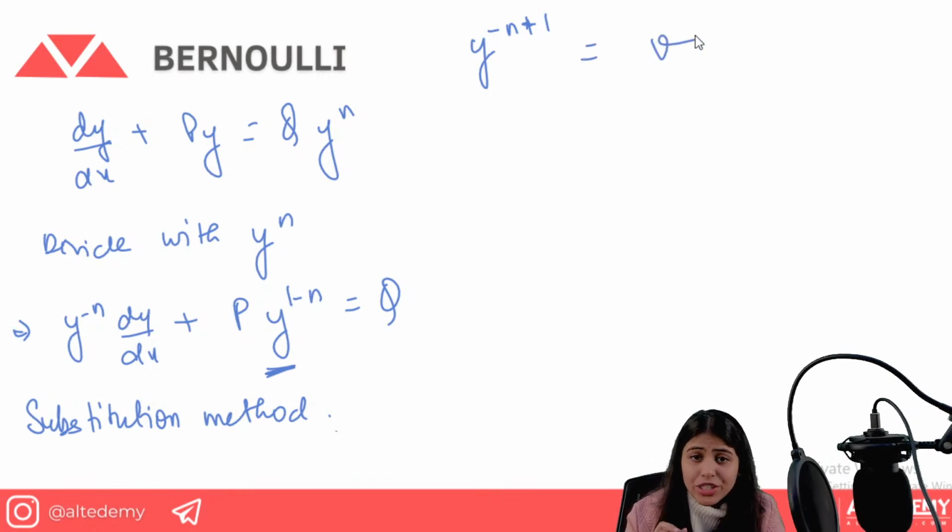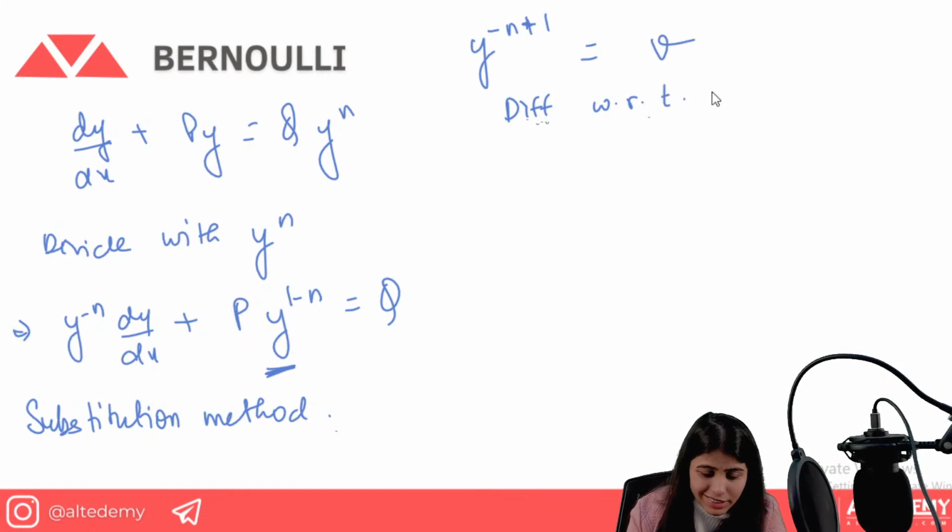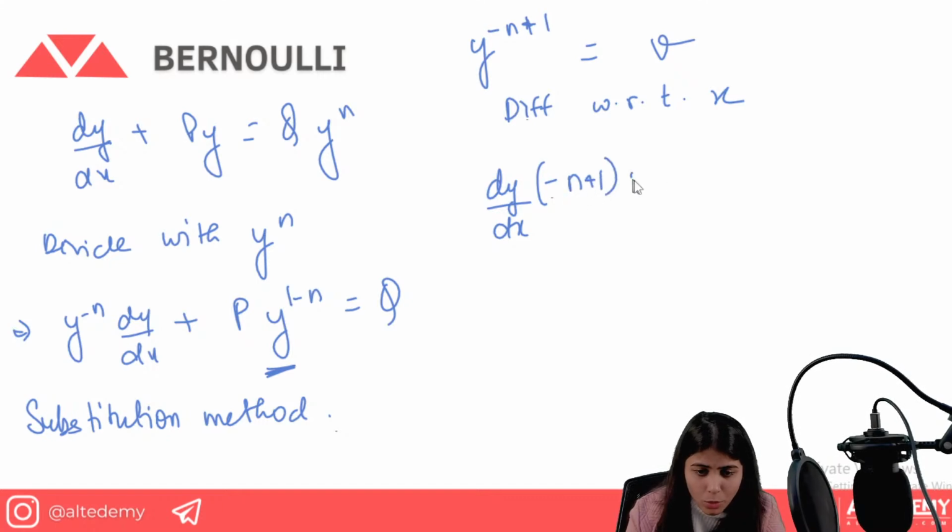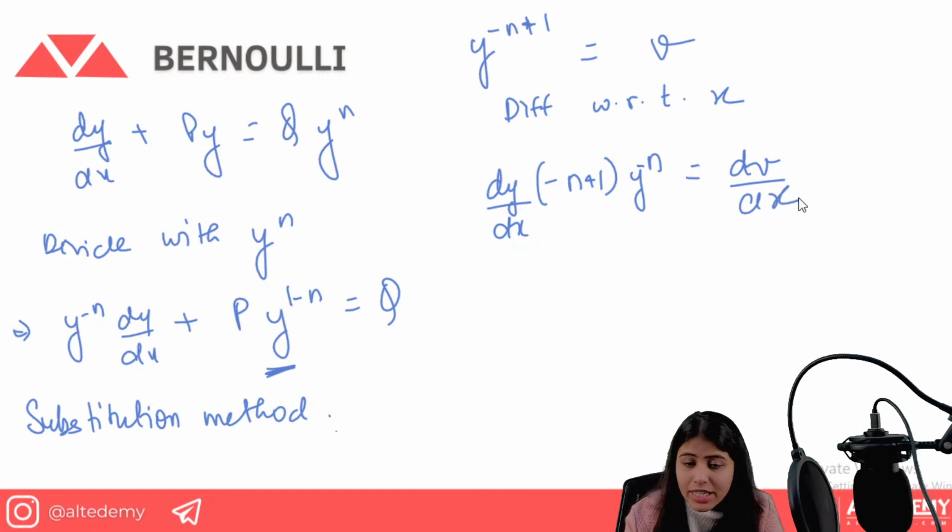Now I am differentiating it on both sides with respect to x. What we get here is (minus n plus 1) y to the power minus n plus 1 minus 1, times dy by dx, is equals to dv by dx. This is what we got when we differentiated it on both sides.